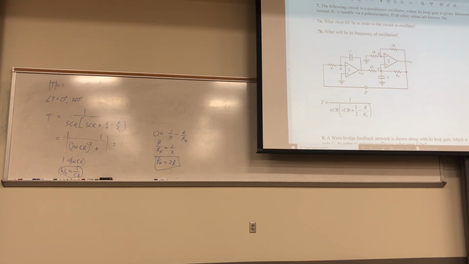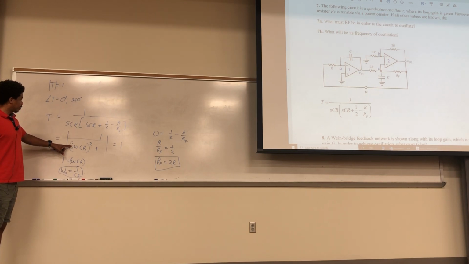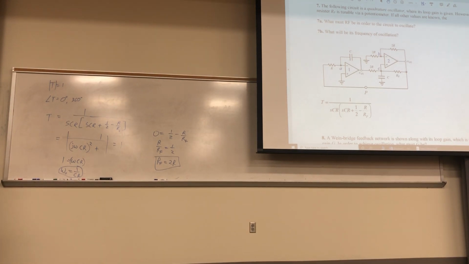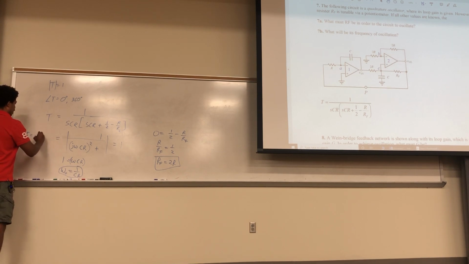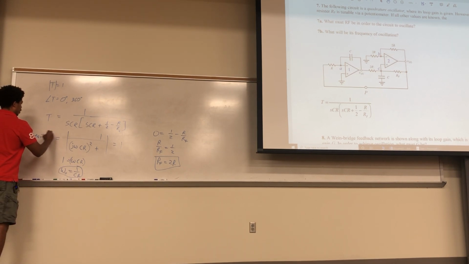So doesn't that J squared mean that you're at a phase of 180 degrees? This right here? Wouldn't that be equivalent to a phase of 180 degrees instead of 0? Okay, well, if we look at the angle here, this is going to be tangent inverse of the imaginary over the real.